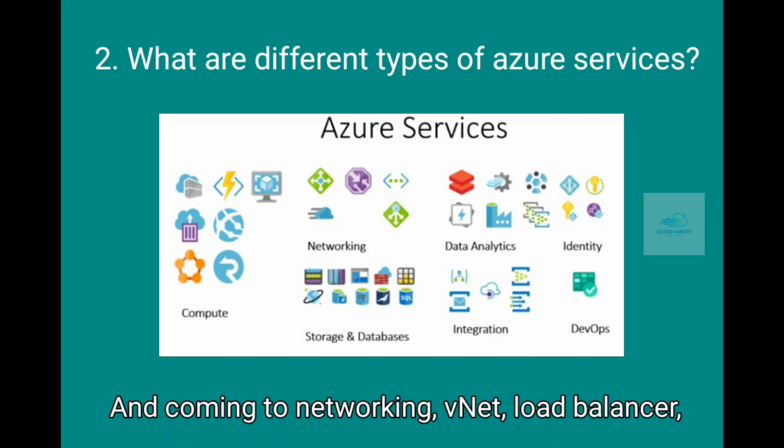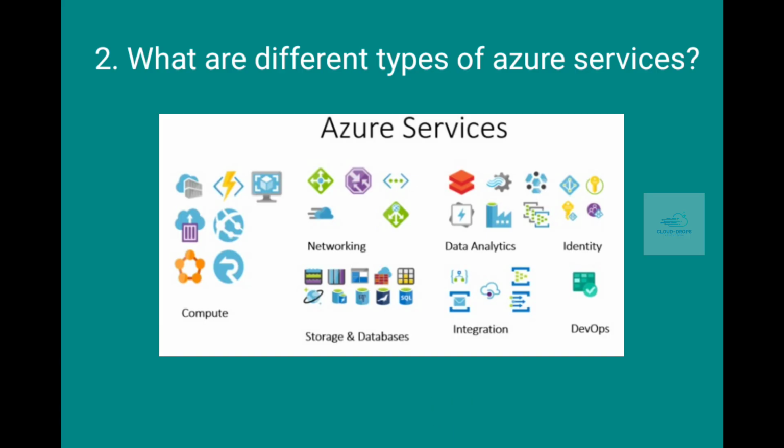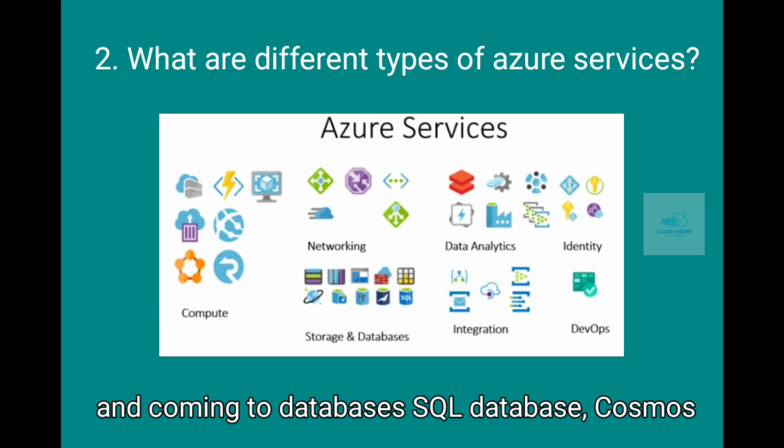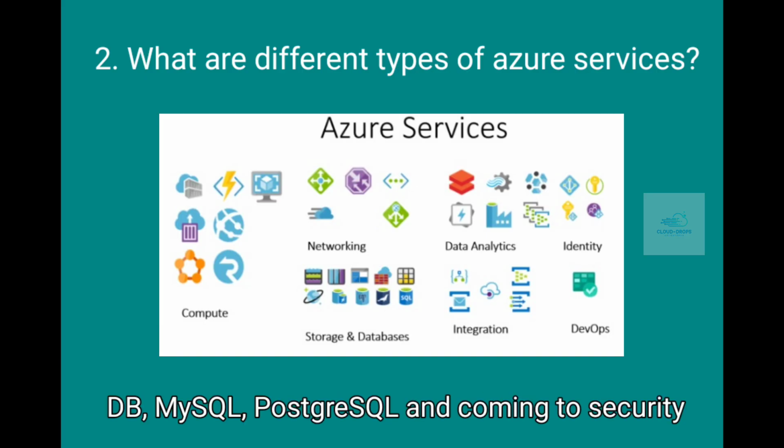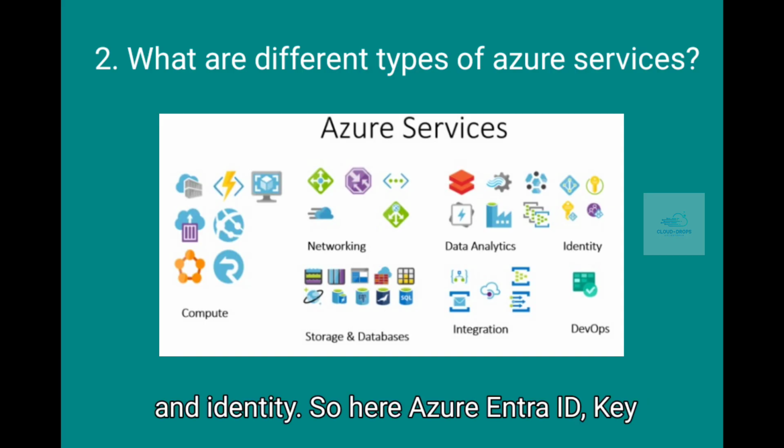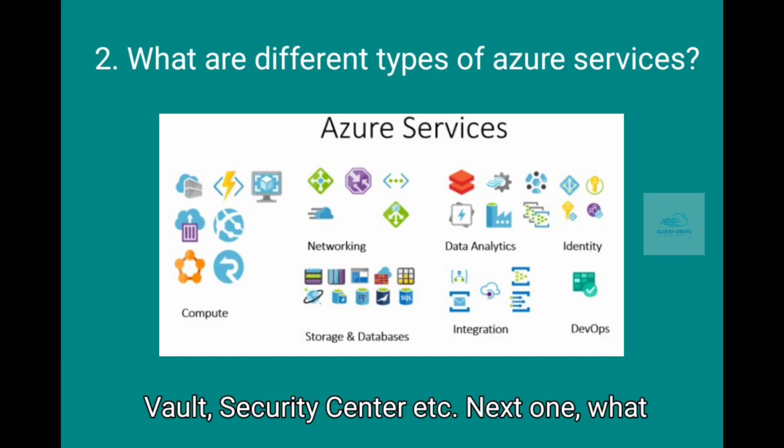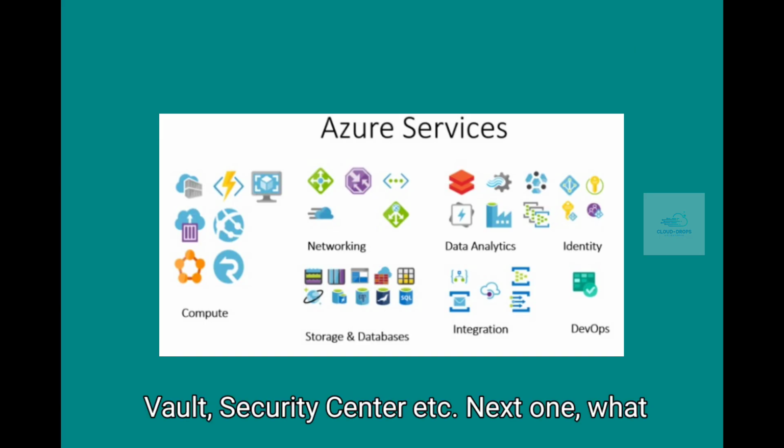And coming to networking, VNet, load balancer, Azure DNS, etc. And coming to databases, SQL database, Cosmos DB, MySQL, PostgreSQL. And coming to security and identity, here Azure Entra ID, Key Vault, Security Center, etc.